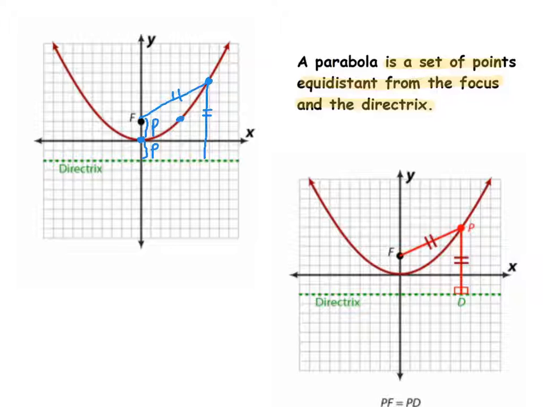If I chose this first point, the distance to the focus and the distance to the directrix would be the exact same measurement. So you can think of the focus as the point inside the parabola, and the directrix is on the outside of the parabola.